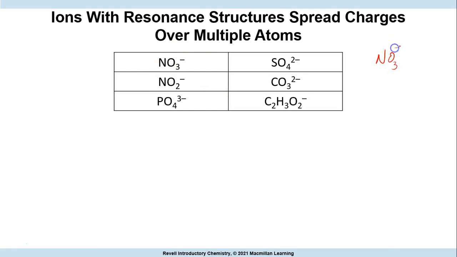When you draw the Lewis structure, you're going to have something like the oxygen atoms will be here. This is not the correct structure, I'm just trying to show you what happens. You are going to put it this way. So that indicates that the charge here is spread over multiple atoms.